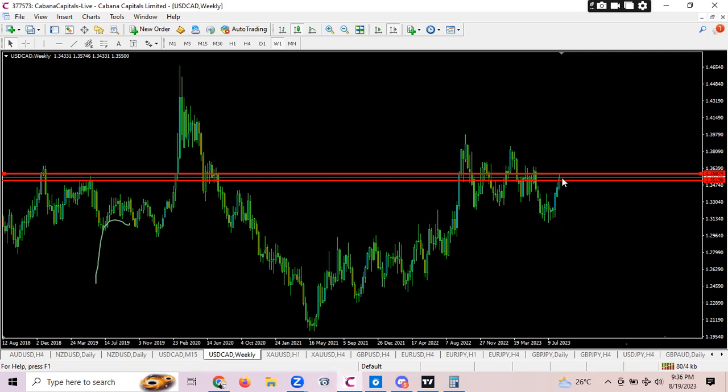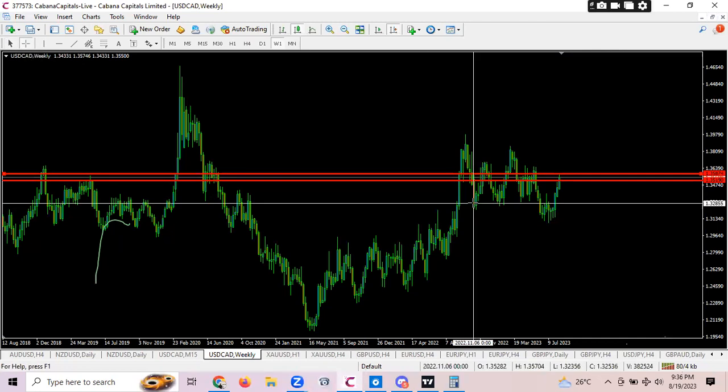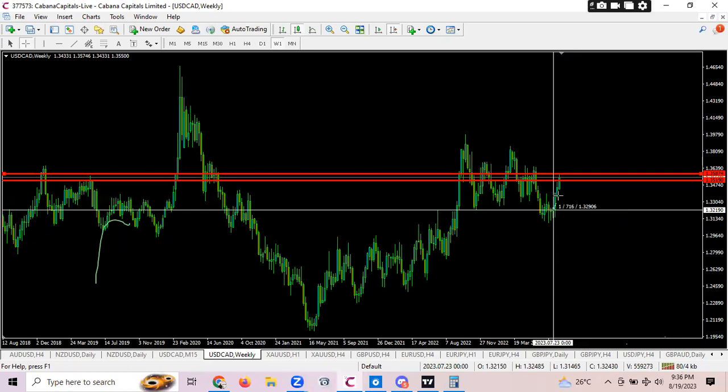Now, the reason we don't want to jump in and buy is that first, price started moving from this point. Price has already gone far. This is about 353 pips. That's one of the reasons we will not jump in and buy.